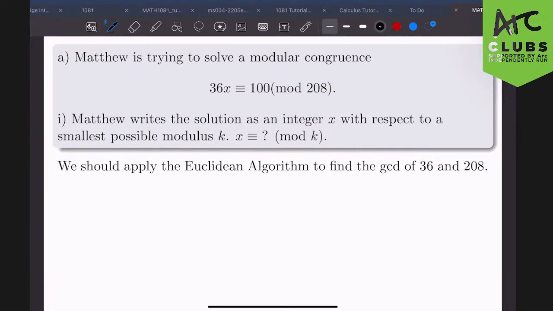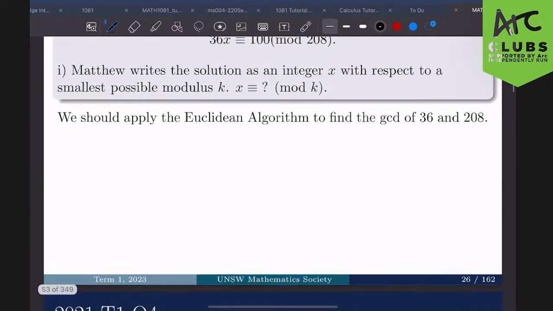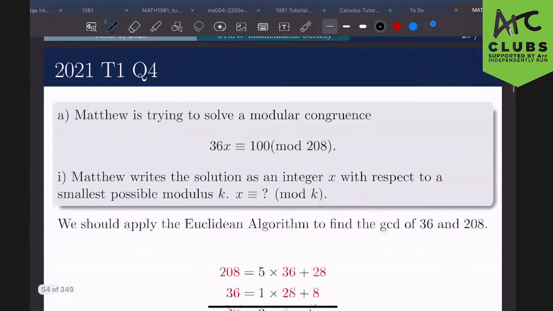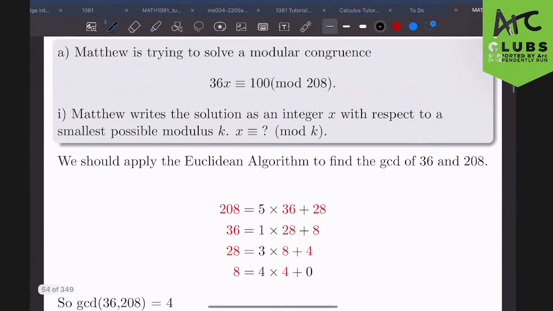First we will apply the Euclidean algorithm to find the GCD of 36 and 208. Just remember the Euclidean algorithm: you're basically breaking down the larger number and getting a remainder, and repeating this process until eventually you get the remainder to be 0.